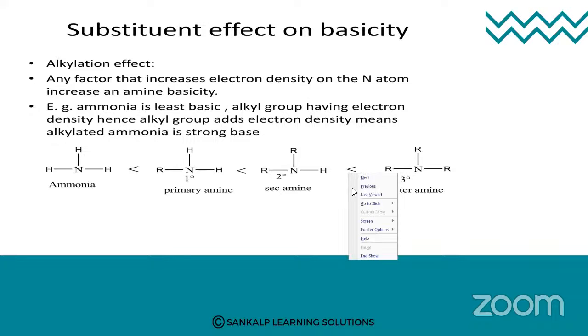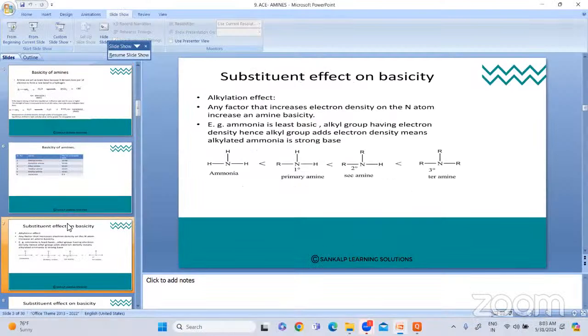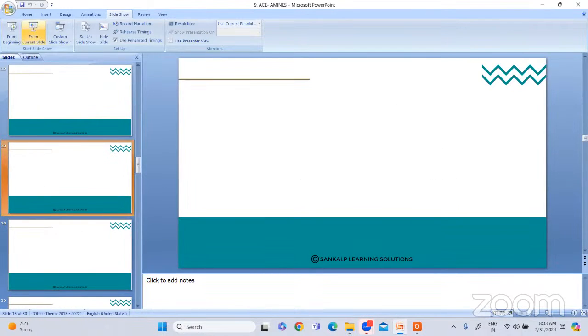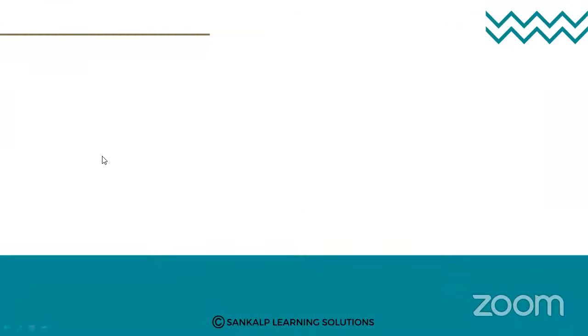Next we are going to see the relationship between structure and basicity. The basicity of amines depends upon the ease of formation of the cation from the acid.